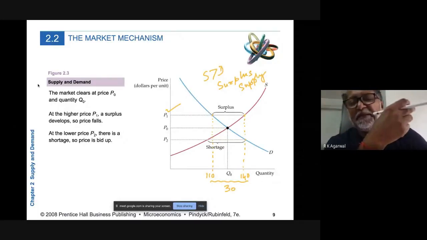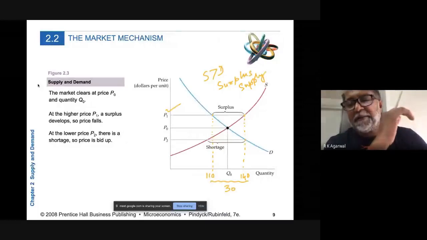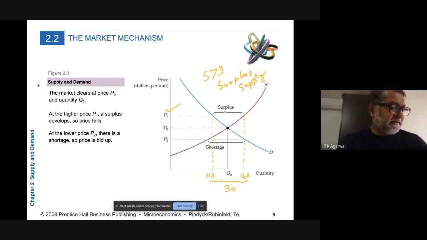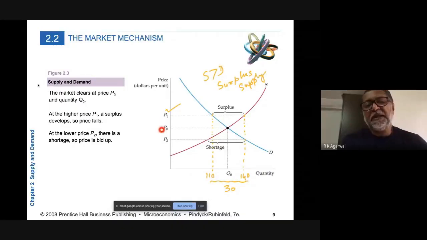Clearance sale means they will mark down the price so that their surplus supply can be sold in the market. So prices will then start to fall, and it keeps falling till it reaches the equilibrium level P0.